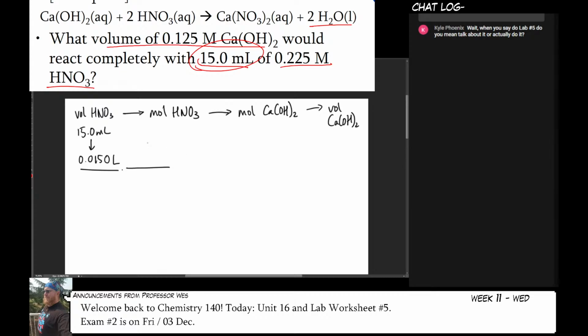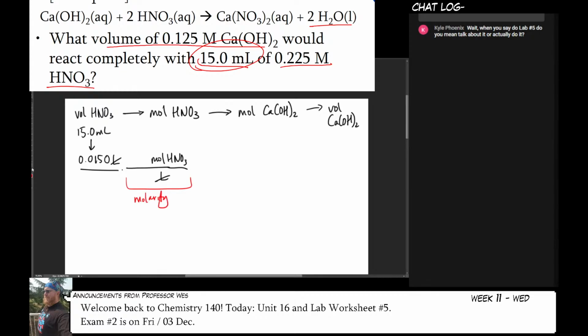And so we'll turn volume into moles here. So liters and then moles HNO3. And you might be thinking, oh, that looks like a molarity, right? Totally is.